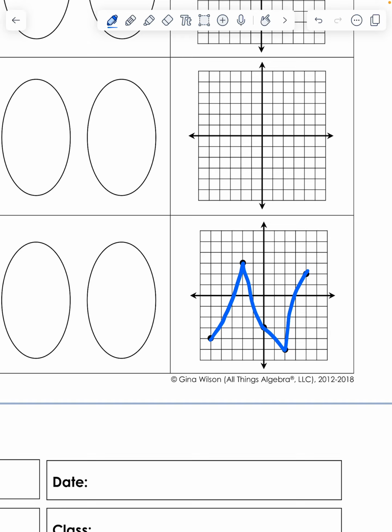The domain is not going to be the negative 5, the negative 2, the 0, the 2, and the 4. It's not that way anymore because these points are now connected. When points are connected, you can't just say that the domain is only this number, this number, this number, this number, and this number, because that's not true.